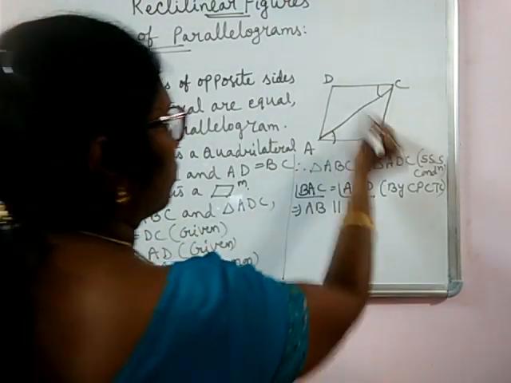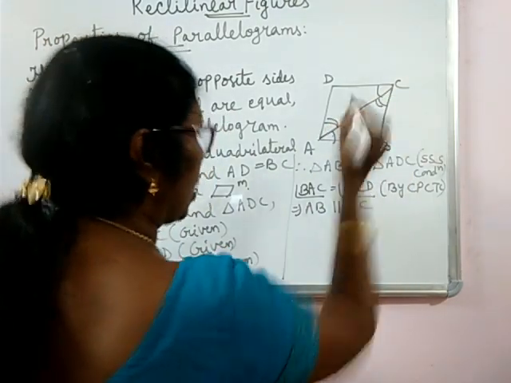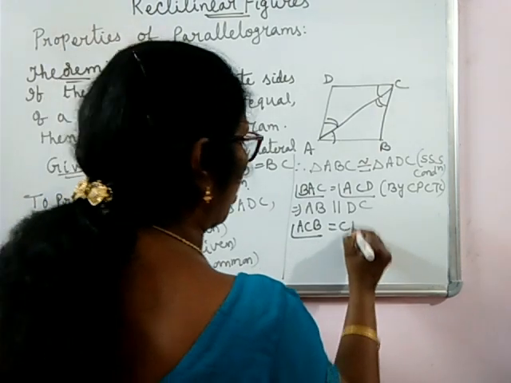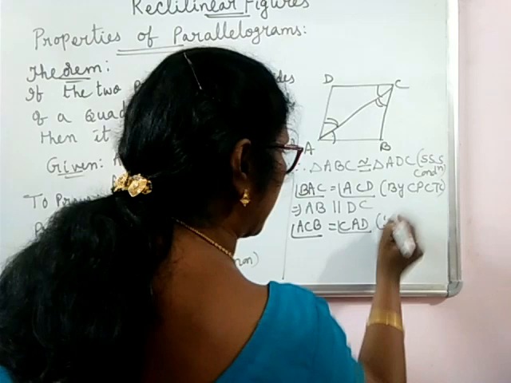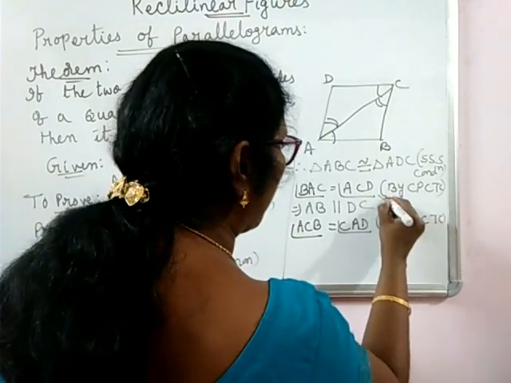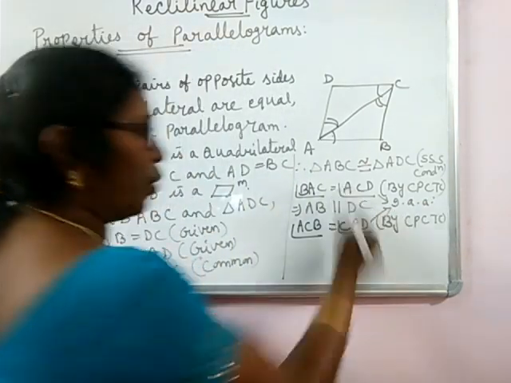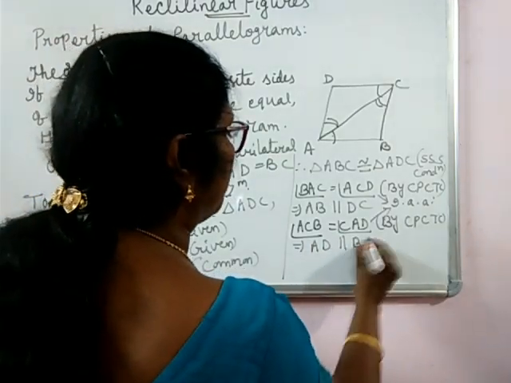Same way, angle ACB is equal to angle CAD by CPCTC. And they are interior alternate angles also. That implies AD is parallel to BC.